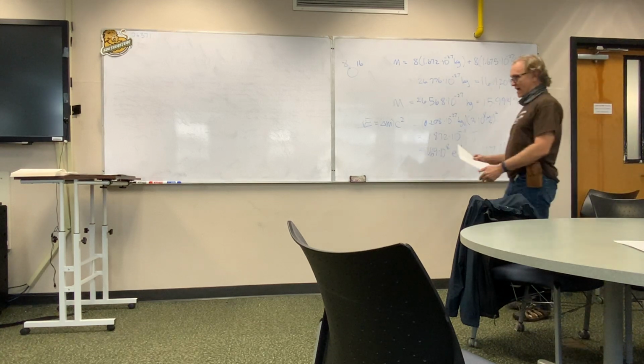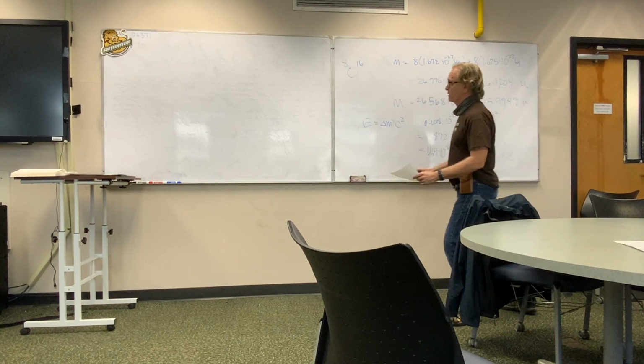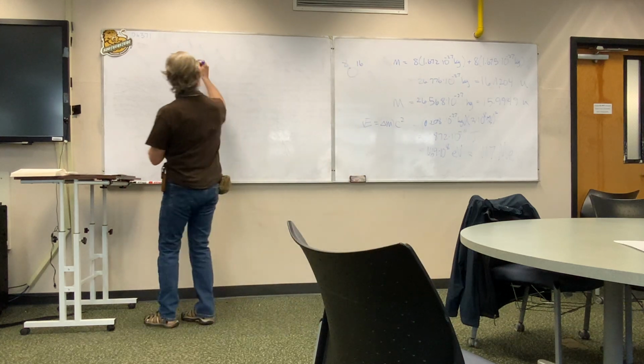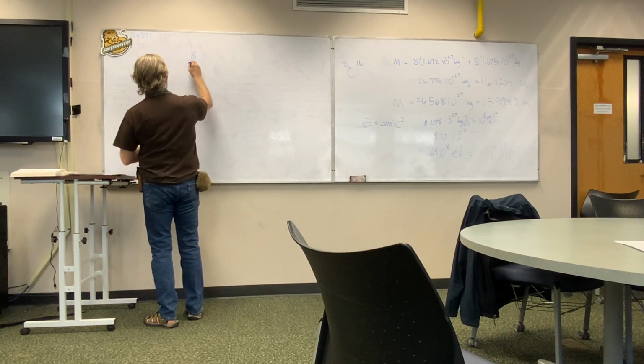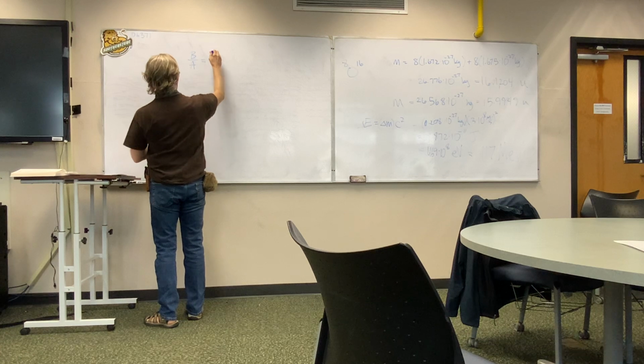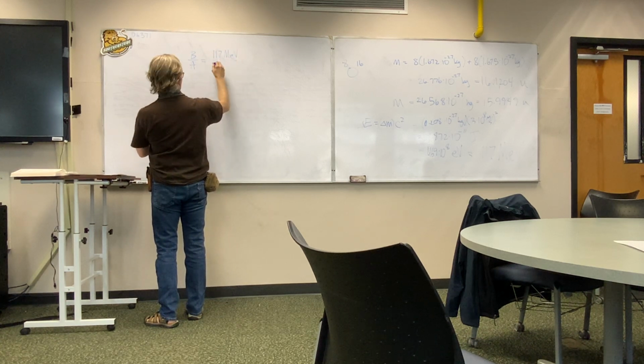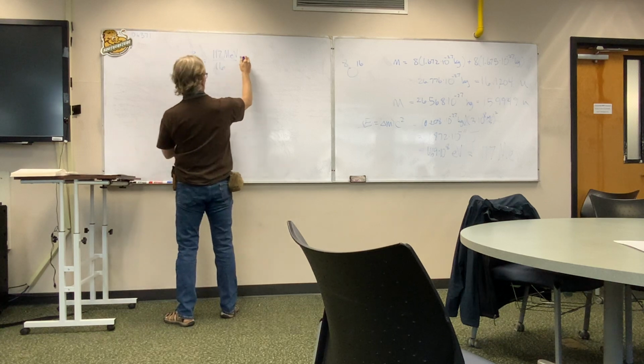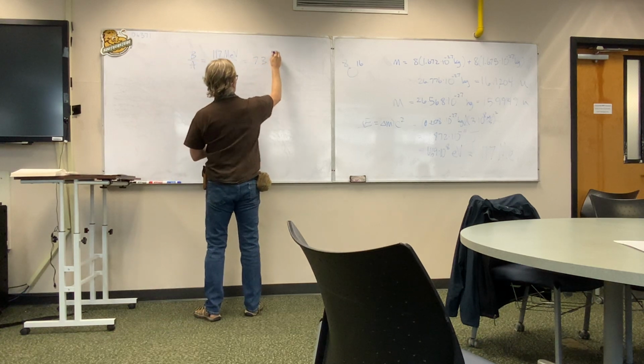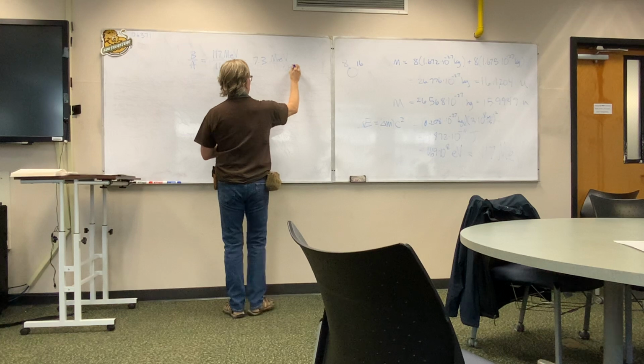First time you see that, and then quickly on a per nucleon basis, if I do the binding energy over A, that's 117 mega electron volts per 16 nucleons, or 7.3 MeV per nucleon.